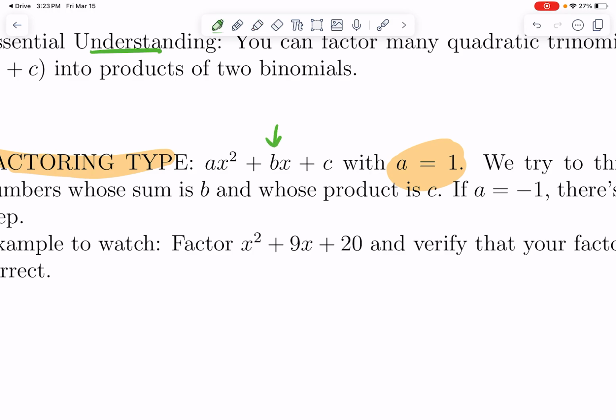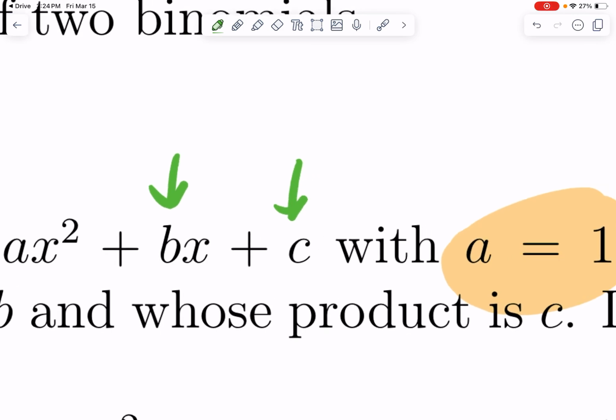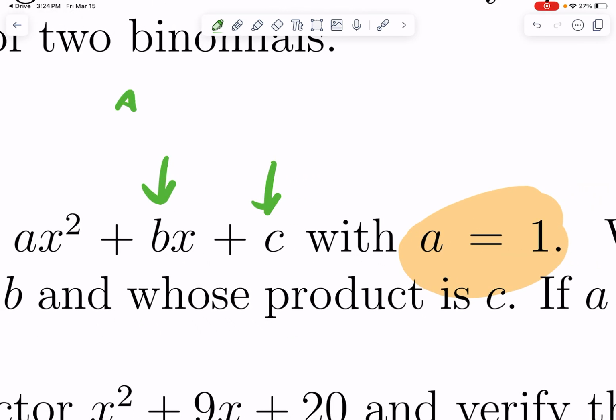We focus on this number b and this number c. And we ask ourselves, can I come up with 2 numbers where when I add them together, my answer is b, the thing in front of x. And when I multiply them together, my answer is c. And I use those to fill in a factorization.